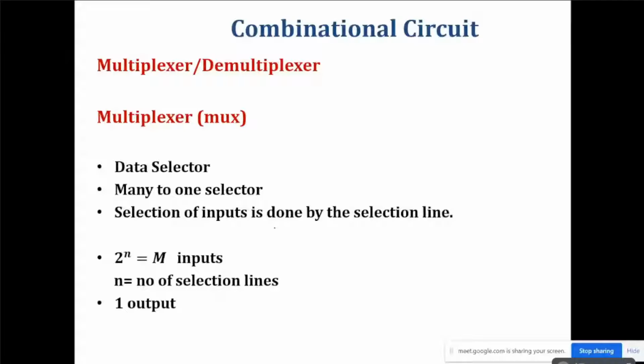To reduce that wiring complexity, we use the multiplexer. A multiplexer is just a circuitry which takes multiple data from multiple sources and selects one data among them. It is also called a data selector or many-to-one selector. So this is the multiplexer.